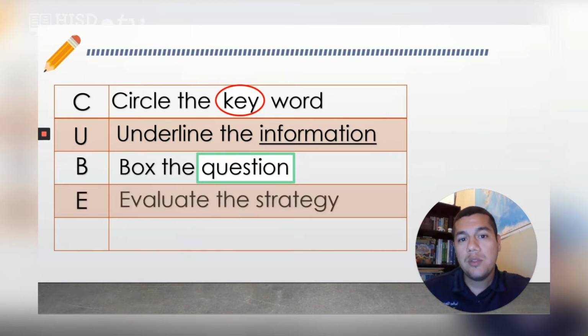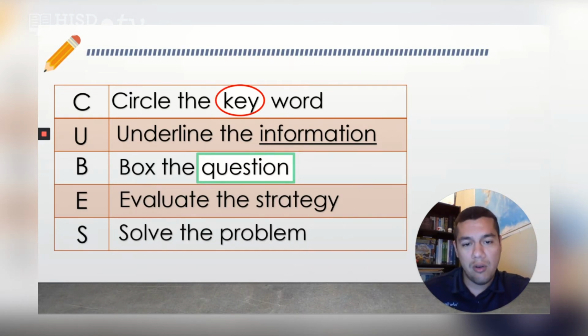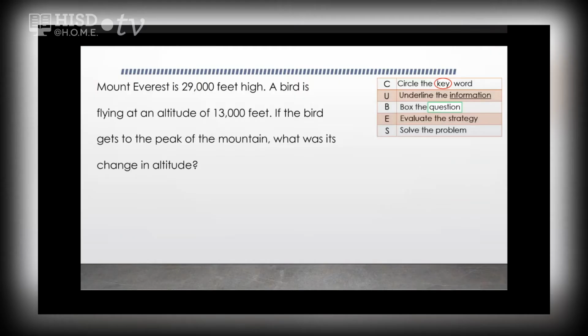The next one is to evaluate this strategy. And remember that you have several strategies in order for you to solve one problem. The last one is going to be to actually solve the problem. And this involves to also give a complete sentence answer and make sure that it's a reasonable answer.